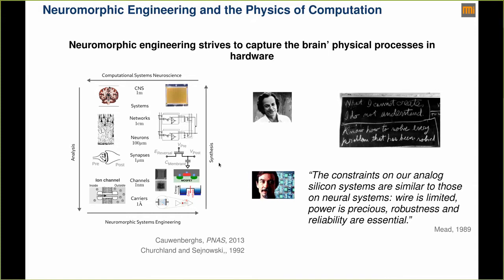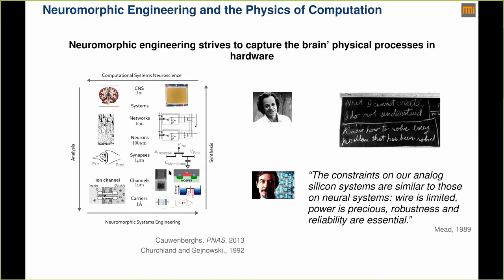The field, of course, as you may know, started with collaborations through Feynman and Carver Mead and other researchers in the field. And I like this quote of Carver Mead, which illustrates this idea that the constraints in a physical system are going to be similar no matter which system you look at. In particular, silicon systems are going to have constraints similar to neural systems, whereby wire is limited, power is precious, and robustness and reliability are essential.